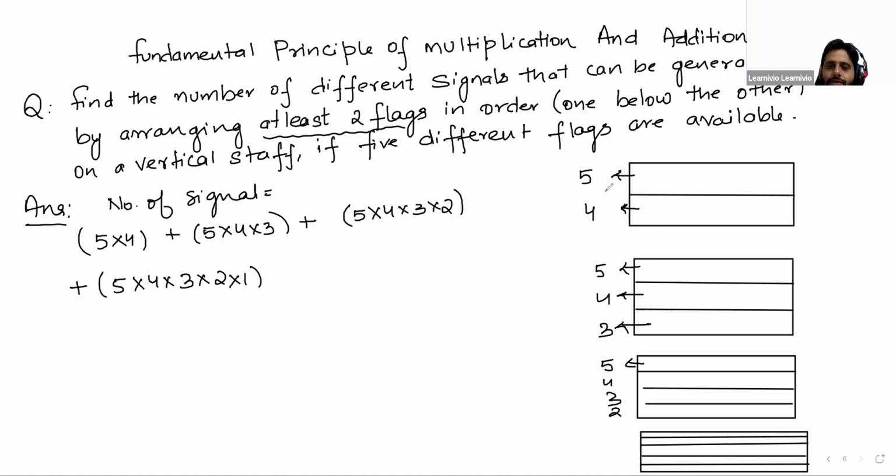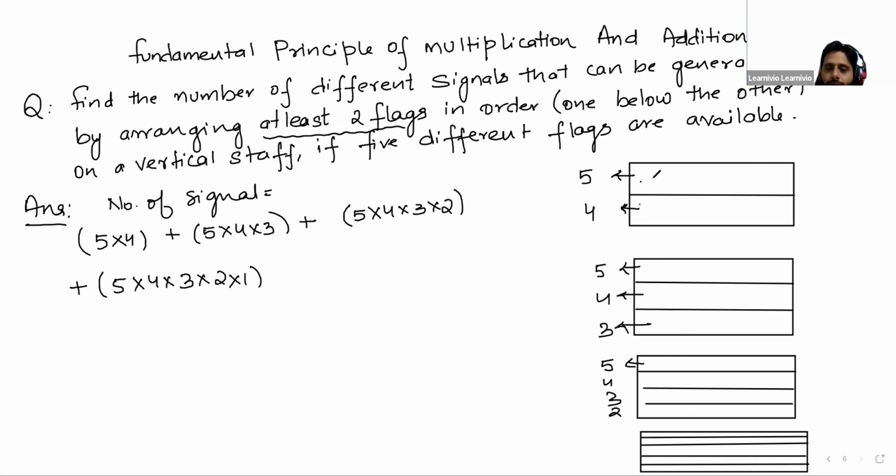So for this case, we have chosen 2 flags. Now what is our main task? Our main task is to form a signal. So if you are using 2 flags, then your signal is generated. So this means your job is completed.